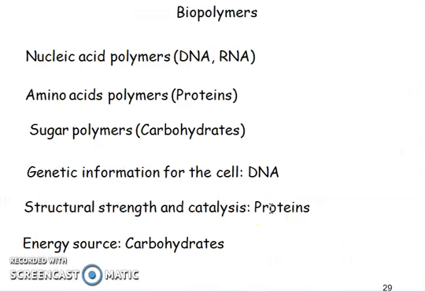Now, many biopolymers also exist in nature, such as nucleic acids like DNA and RNA, amino acid polymers, and sugar polymers, which carry genetic information for the cells. We will discuss this in the next class.